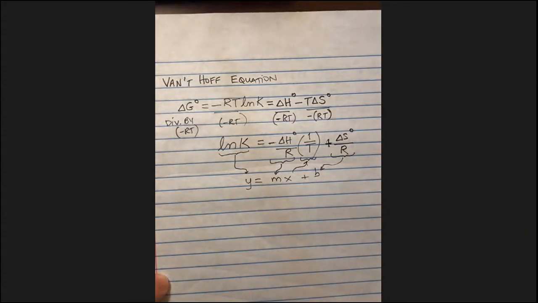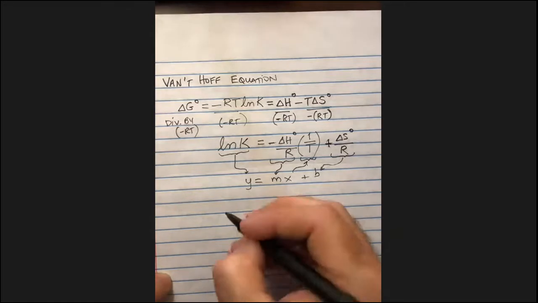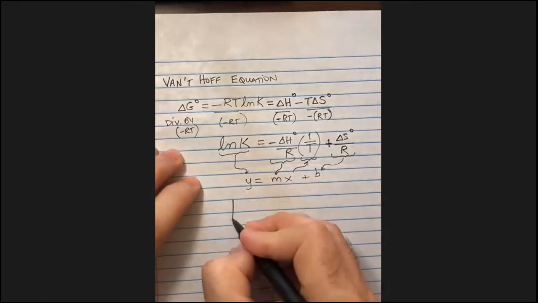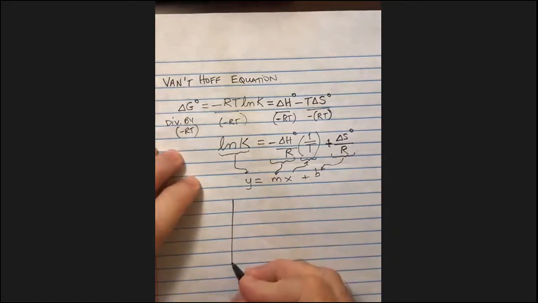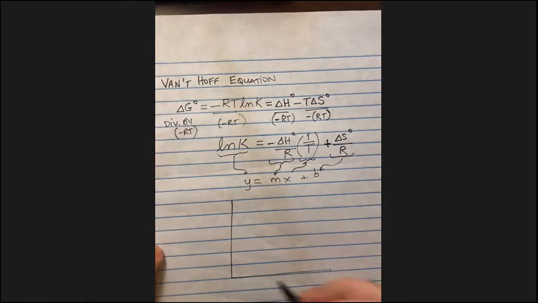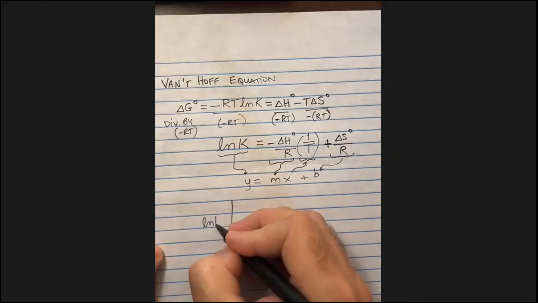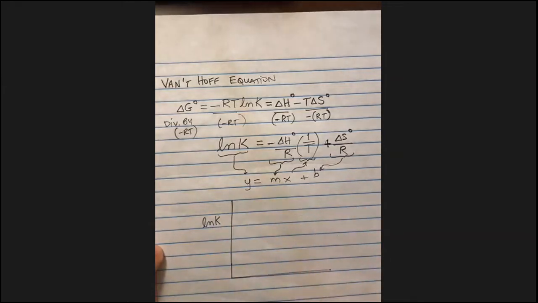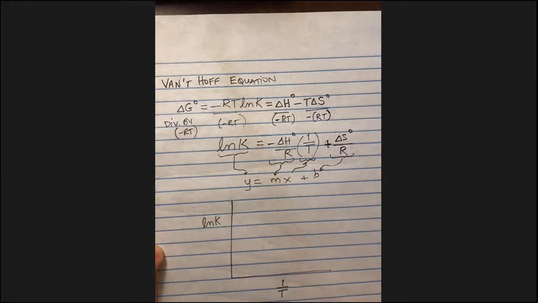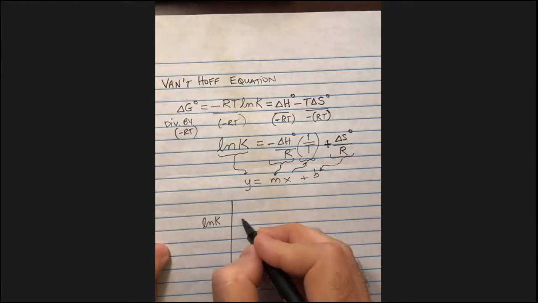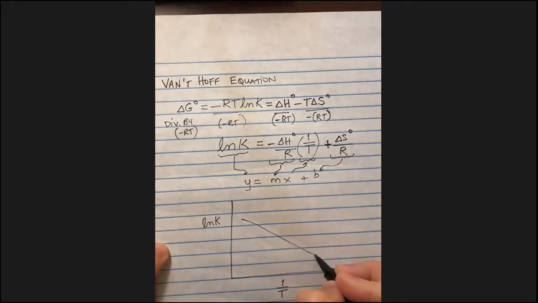Pretty cool. So that means that if I had a set of data and I could do a plot of the log of K, natural logarithm, of course, versus the reciprocal of the temperature, I would get a line. Let's say, for example, I get a straight line like this.